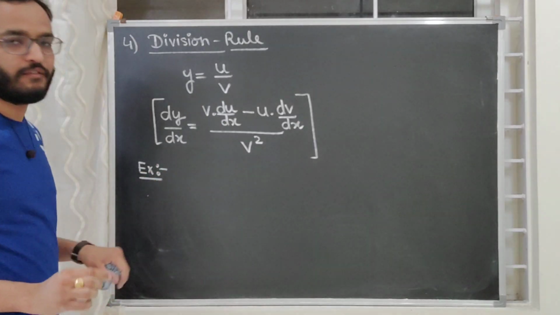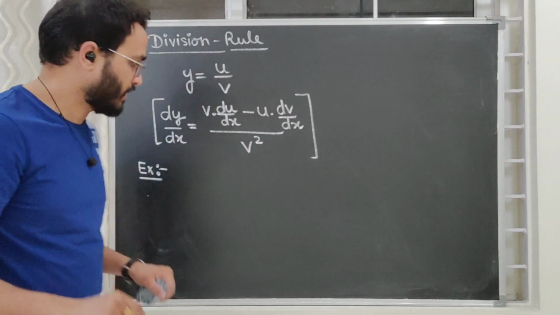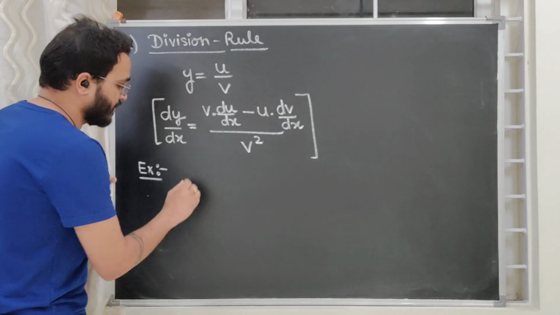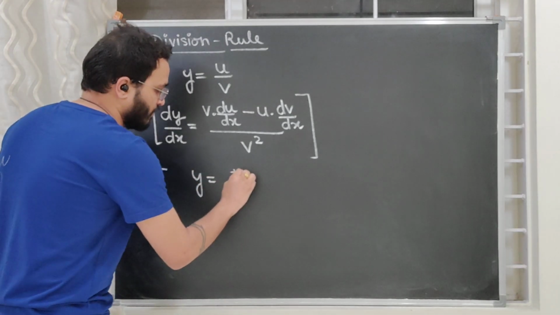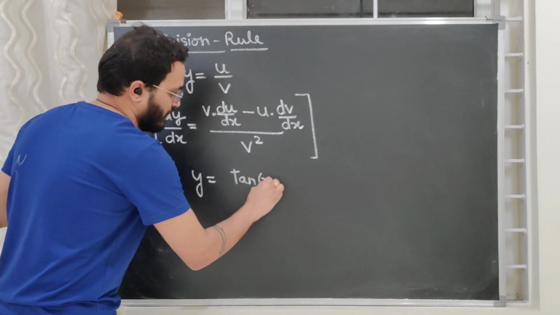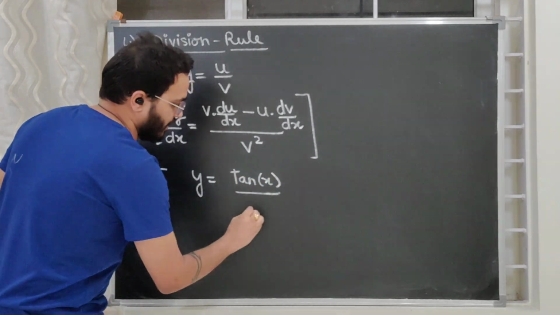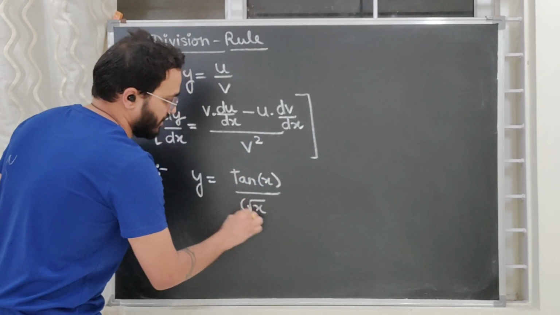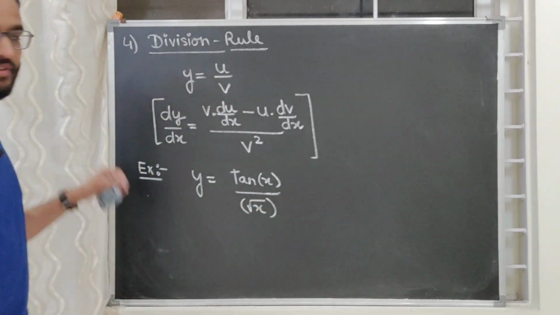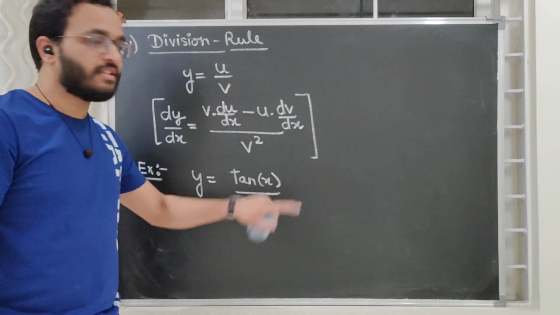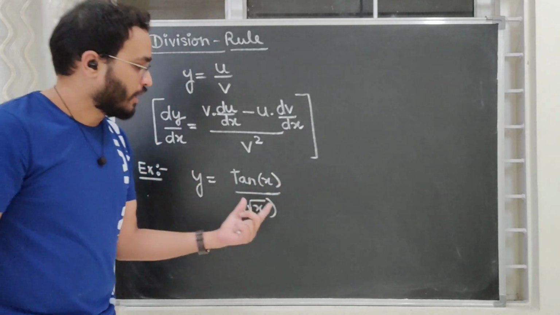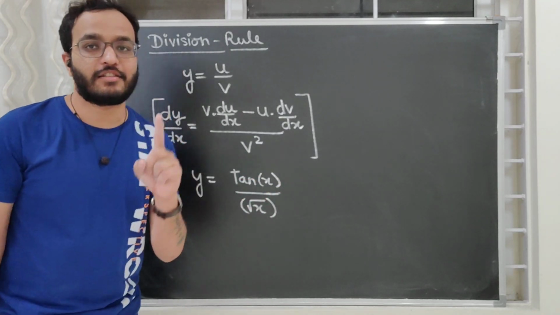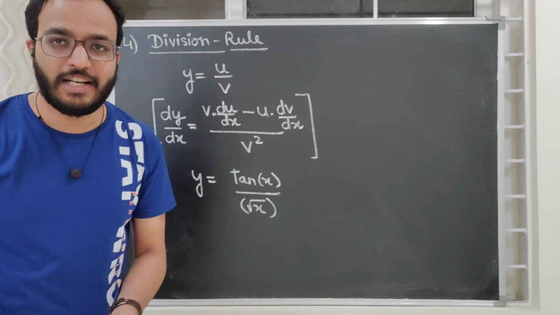So let's take a very simple example. Suppose y is equal to tan x by root x. Tan x, you can see, is a simple trigonometric function. Root x, you can see, is a simple algebraic function, right?